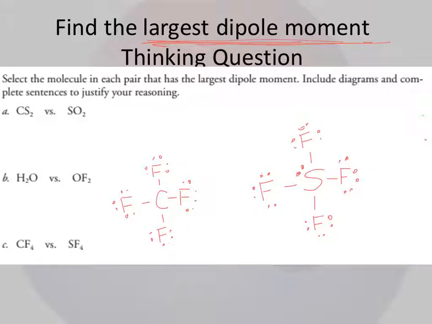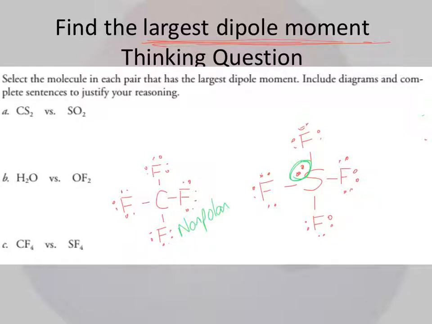All right, now looking at this last set of molecules, CF4 versus SF4, hopefully you see that there is a difference because CF4 has no lone pairs on the central atom, whereas this SF4 does have a lone pair on the central atom. So CF4 is going to be definitely a nonpolar molecule because it's symmetrical.